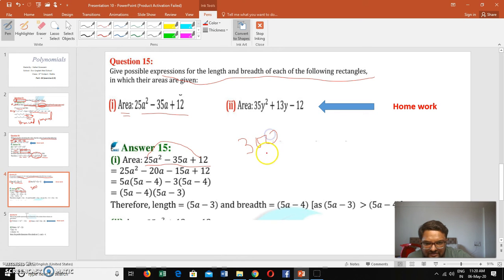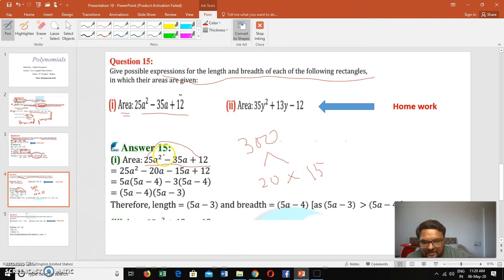The factors of 300 we can easily see: 20 into 15. So multiplying 25 with 12, we get 300, so 20 into 15.